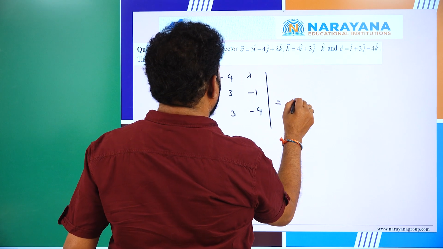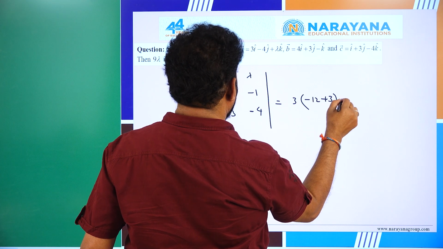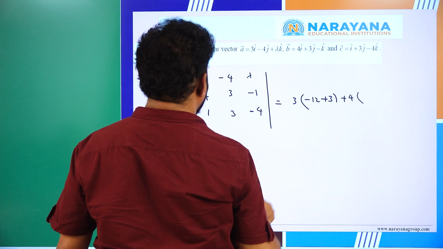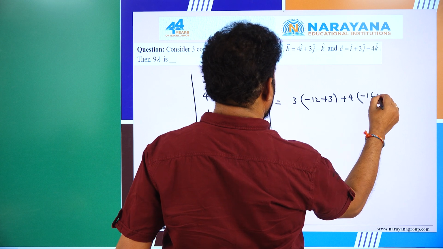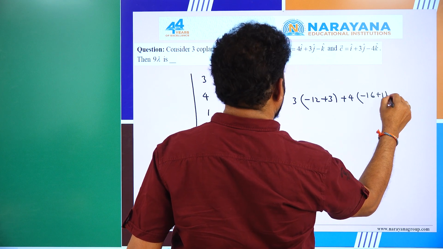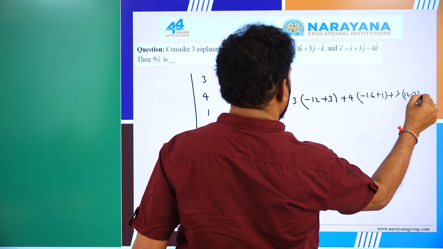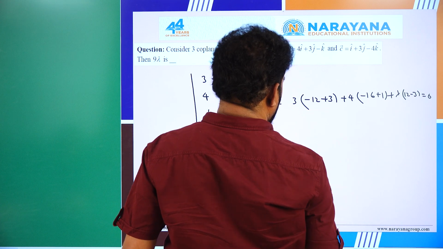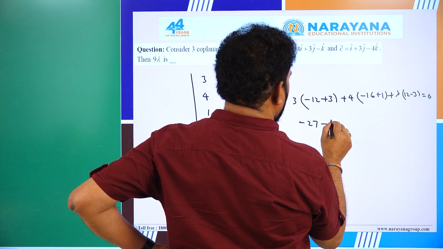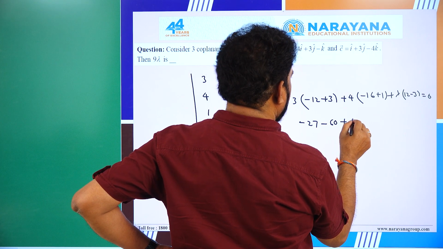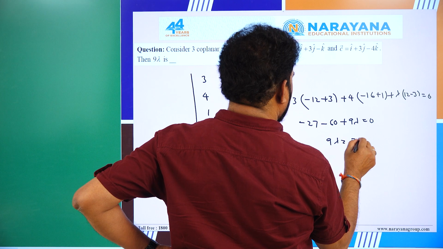Expand it: 3 into minus 12 plus 3, plus 4 into minus 16 plus 1, plus lambda into 12 minus 3, equals 0. So minus 27 minus 60 plus 9 lambda equals 0, then 9 lambda is equal to 87.